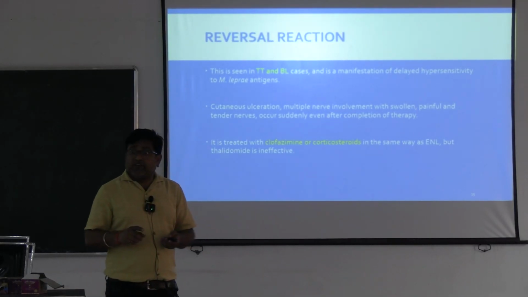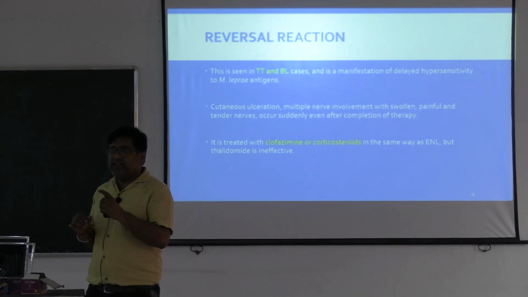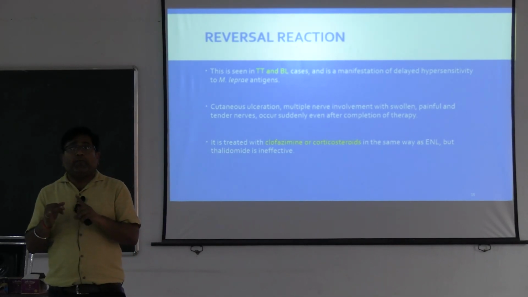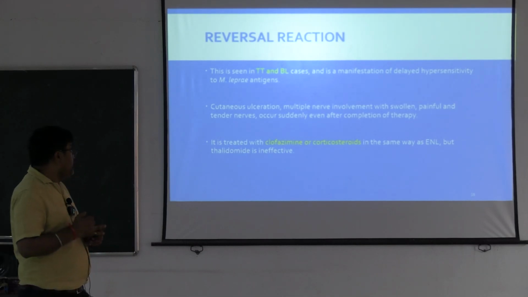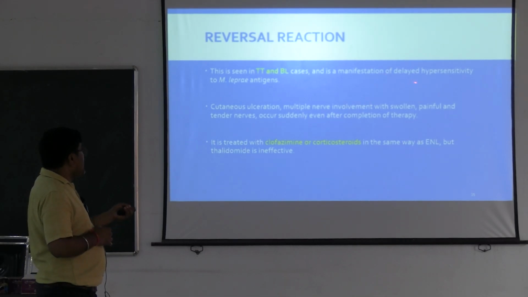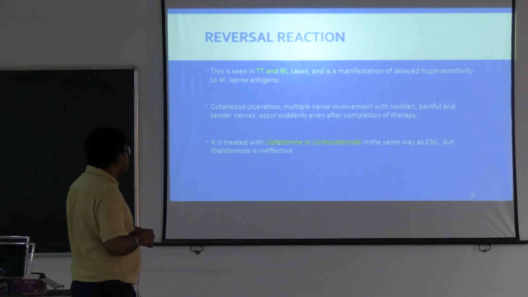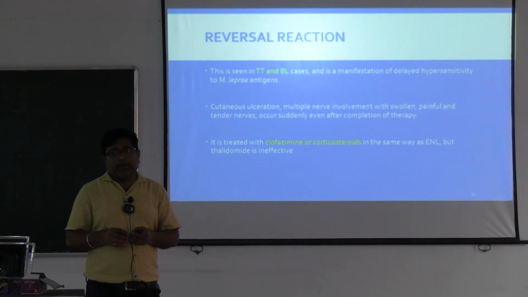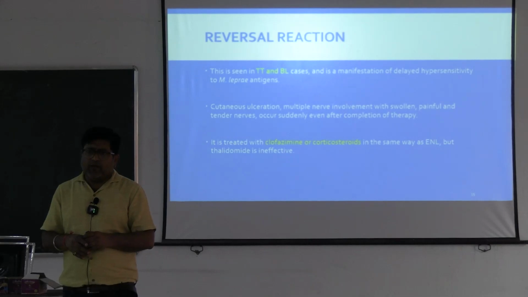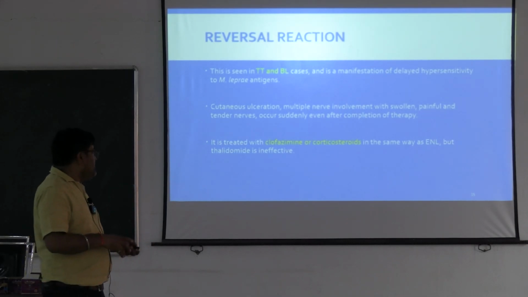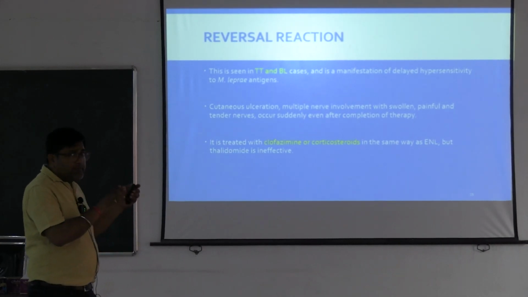Now, coming to reversal reaction. Reversal reaction is seen in patients of borderline leprosy and paucibacillary leprosy. It occurs due to manifestation of delayed hypersensitivity to the M. leprae antigen. A patient presented with paucibacillary leprosy, we started the standard MDT regimen, and the therapy is completed.